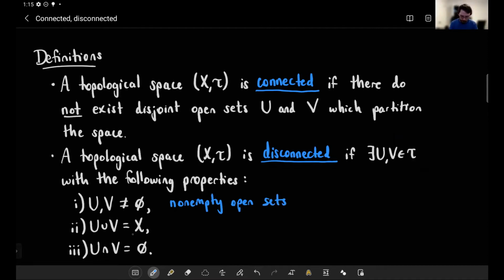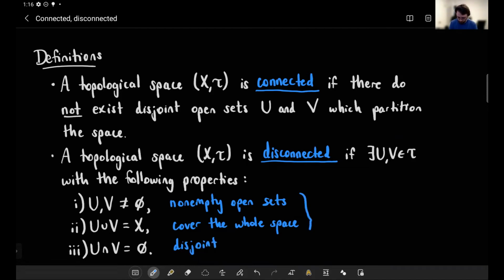Their union is the whole space, so you can say they cover the whole space. Otherwise, if you're missing a point, you're not partitioning the space. And they're disjoint. Their intersection is empty.